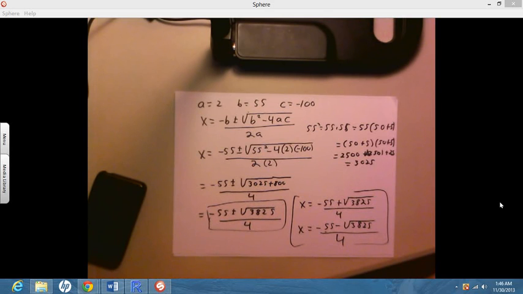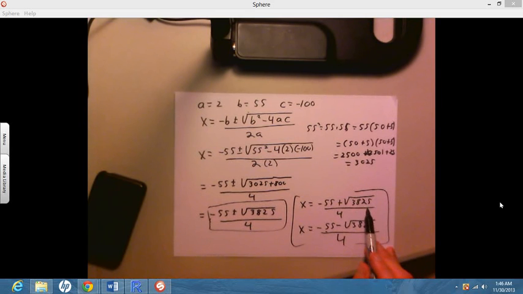Well, you could estimate what it is, because the square root of 3,825 is approximately 61. So it would be approximately 61 minus 55 divided by 4 for the first solution.